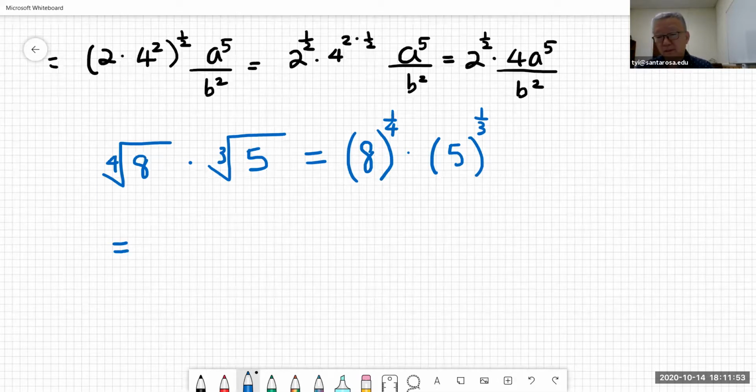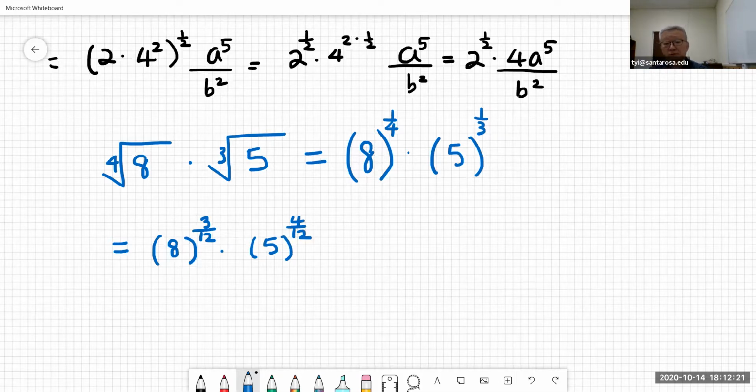If you look at the exponents, one of them has denominator 4, the other has 3. So the common denominator is going to be 12. So I'm going to rewrite this using denominator 12. That's going to be 8 to the 3/12, then you have a 5 to the 4/12.